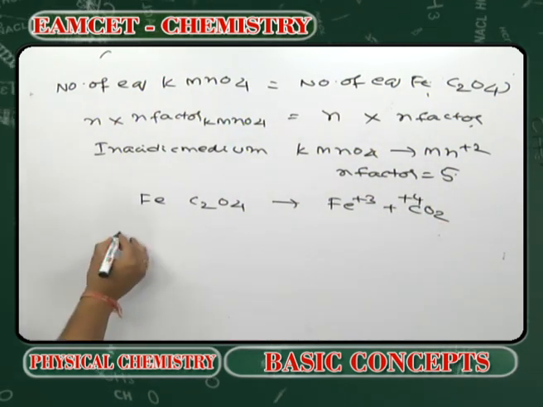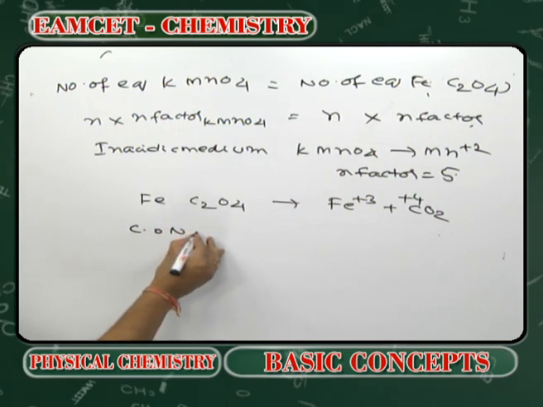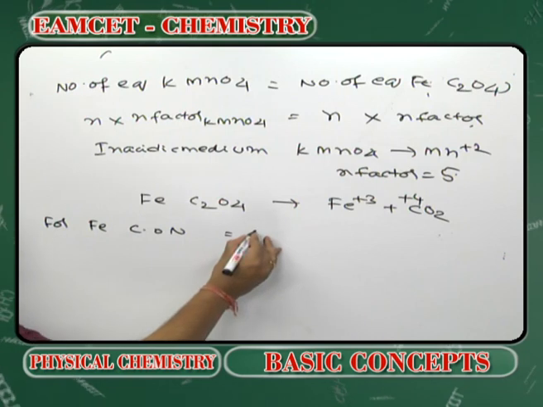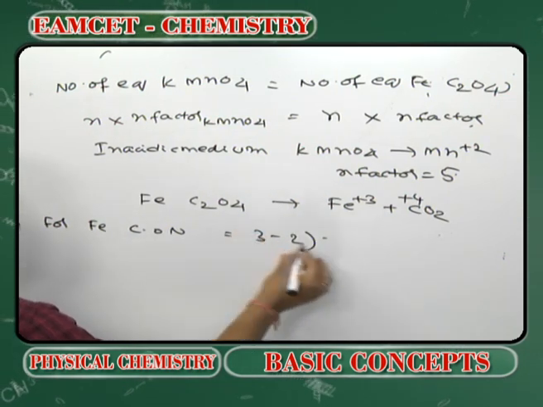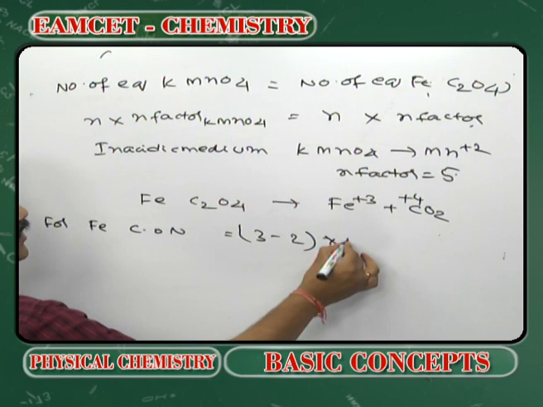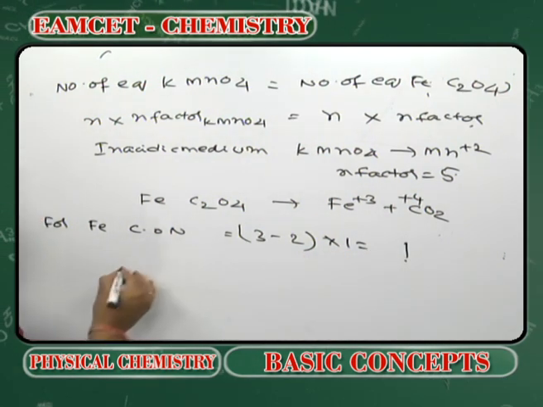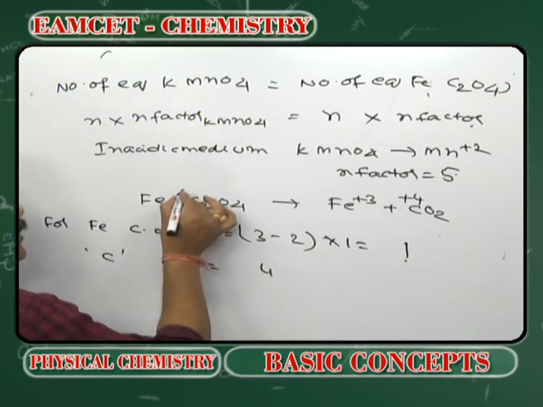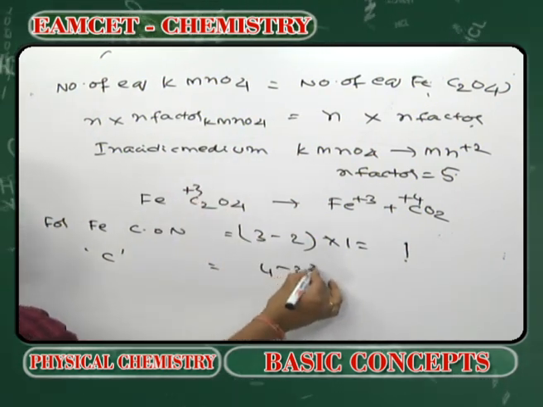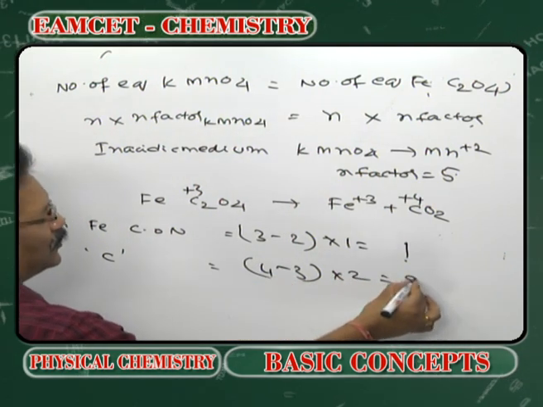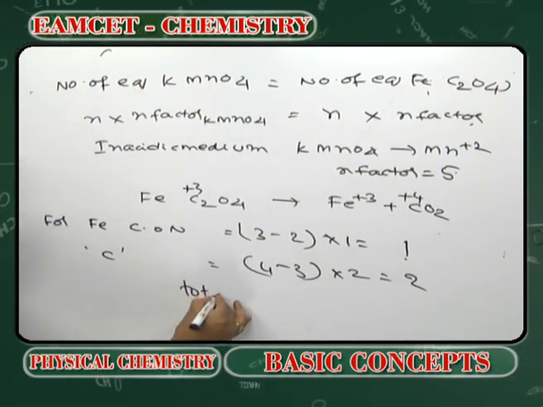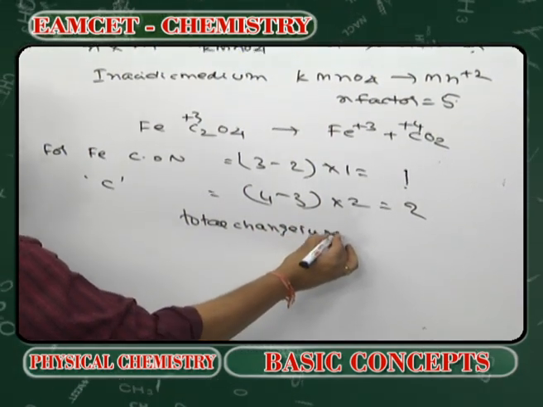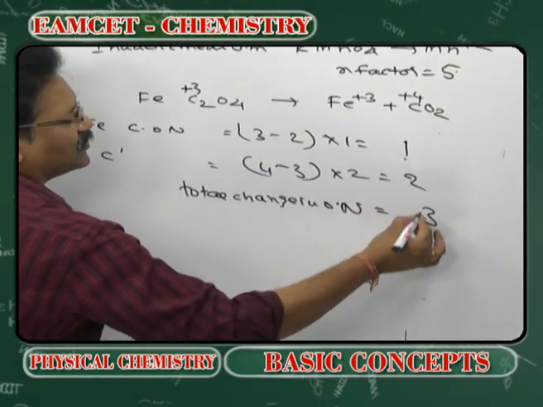In this, for iron, the change in oxidation number is 3 minus 2, that is 1. For carbon, the change in oxidation number is equal to 4 minus 3, into 2. So the total change in oxidation number is equal to 3, 1 plus 2, 3.